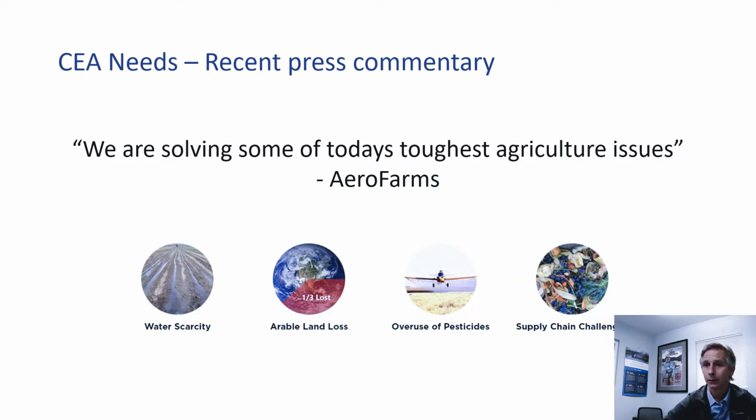Some other advantages: we talked about water scarcity and using less water, and we talked about using less land, but the indoor agriculture technology also allows for growing leafy greens without the use of pesticides and herbicides.